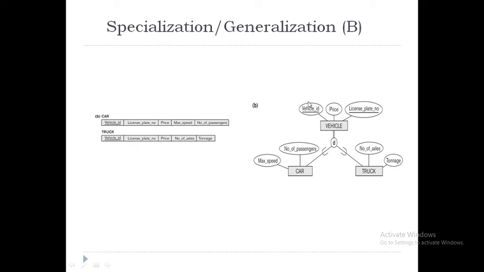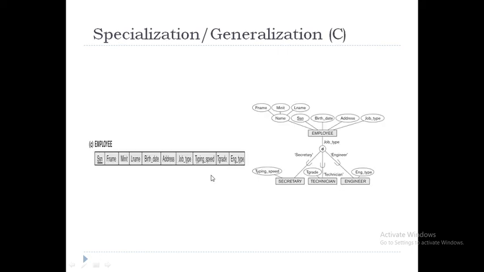And in truck again, vehicle ID, price, license plate number, number of axles and tonnage. So here we are creating relations for the subclasses, not the superclass. Only the relations for subclasses will be created.